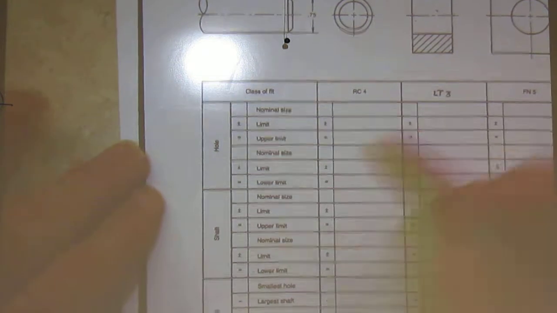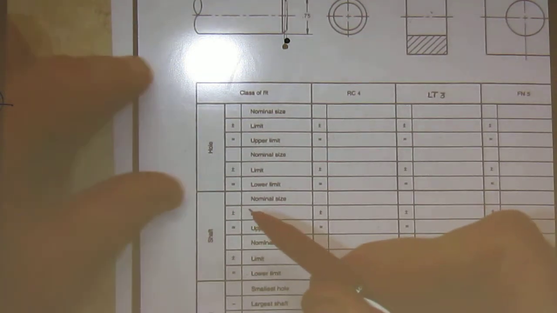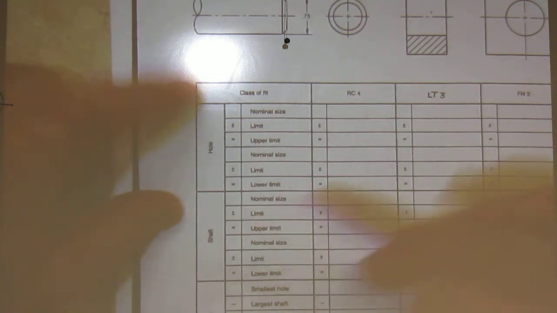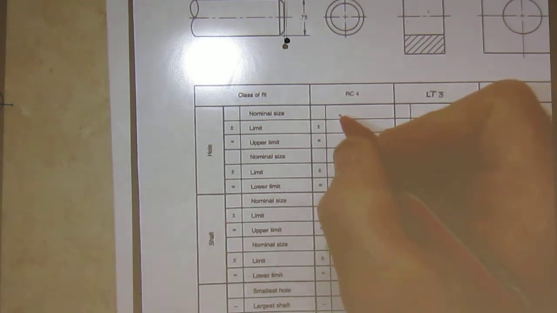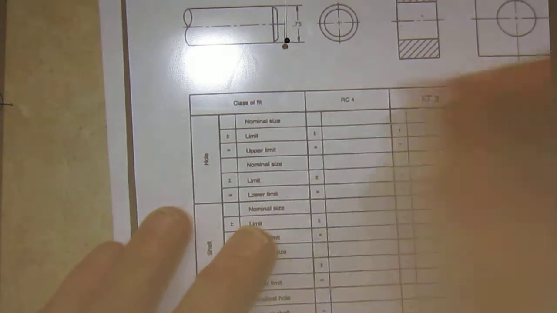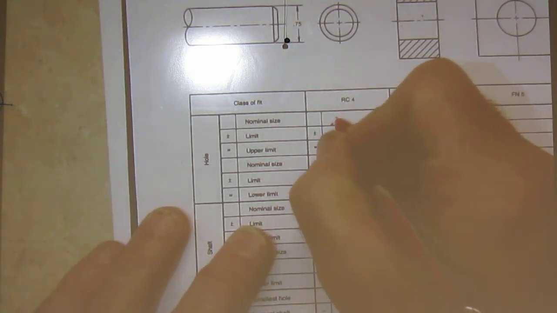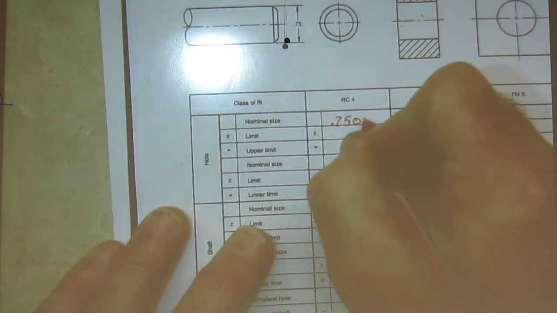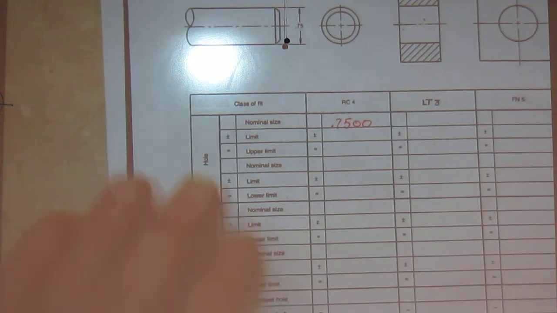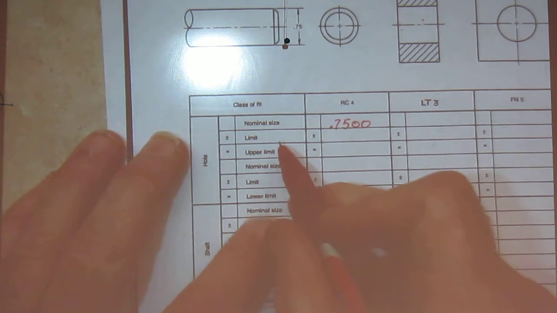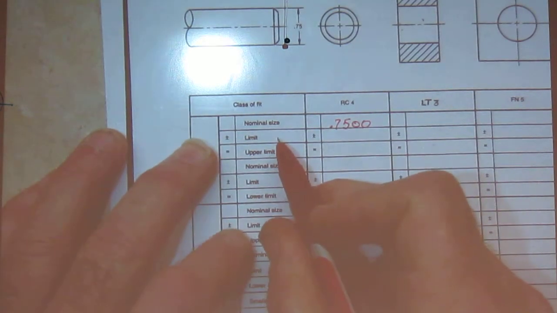Now, on this chart, notice this first section is for the hole. Okay? So what's our nominal size? That's our basic size. 0.75. Okay? And keep your decimal places here, 0.7500. Then it's saying, what is your limit? And this is your upper limit.